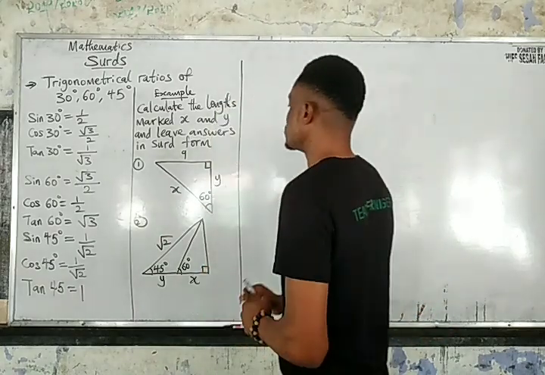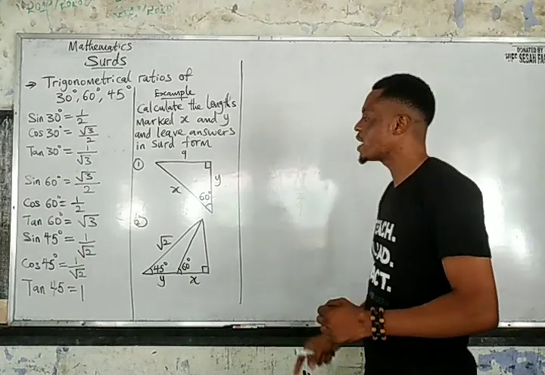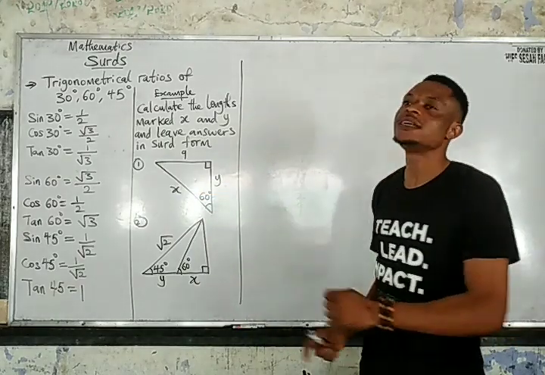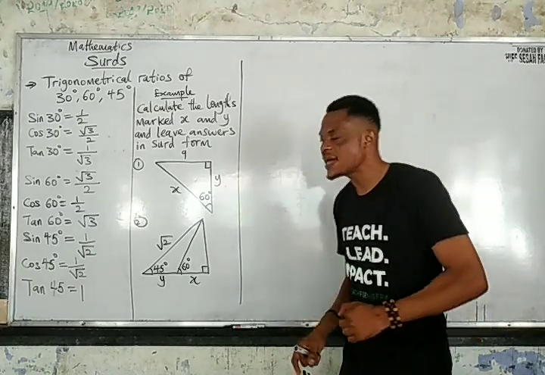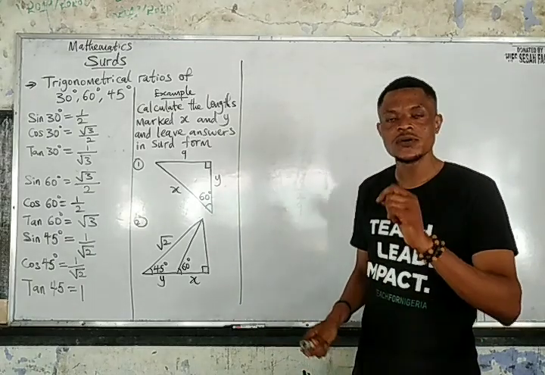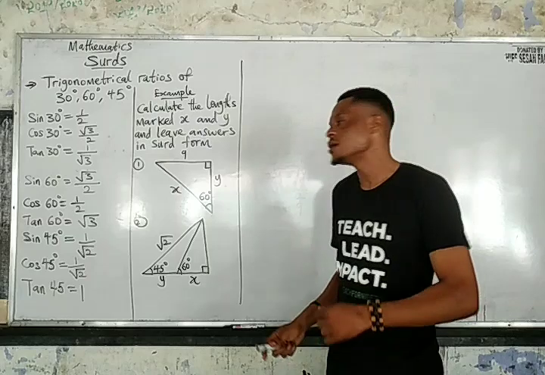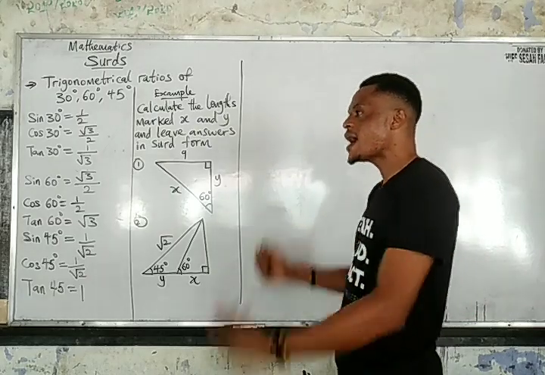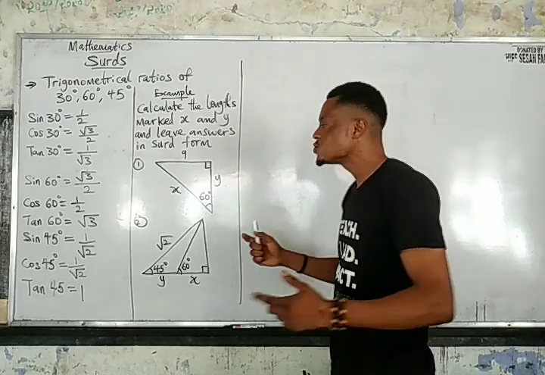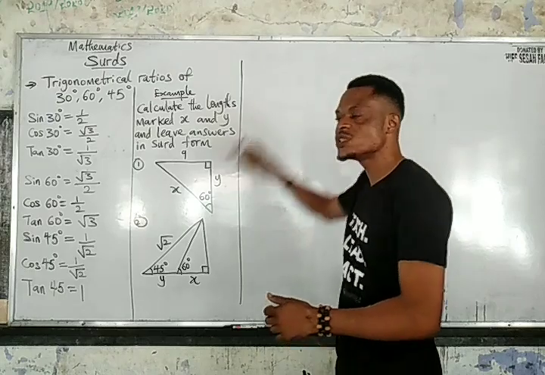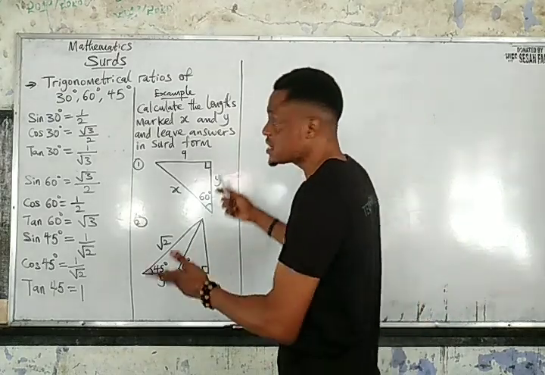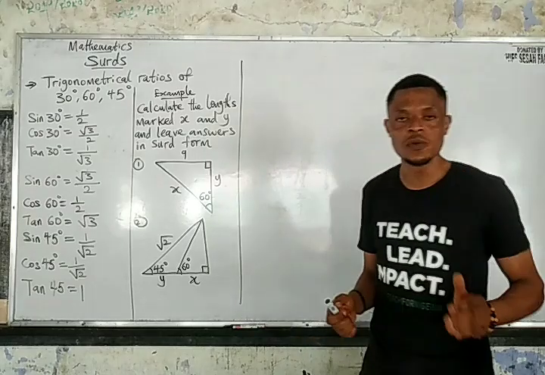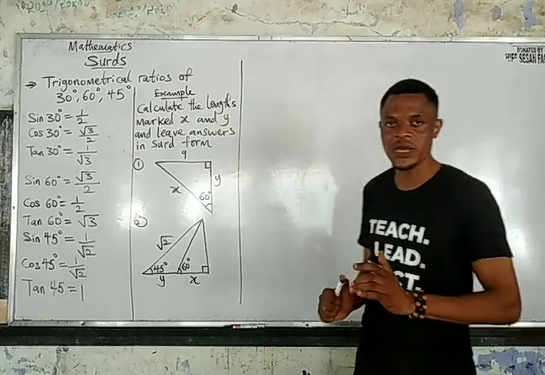Now we have this question from a right angle triangle where this side is unknown, likewise this place is unknown, and we have to leave our answers in surd form and not in decimal. Now let's proceed. From our idea of SOH CAH TOA, SOH stands for opposite over hypotenuse. This shall be well treated when we get to trigonometrical ratio as a topic on its own.